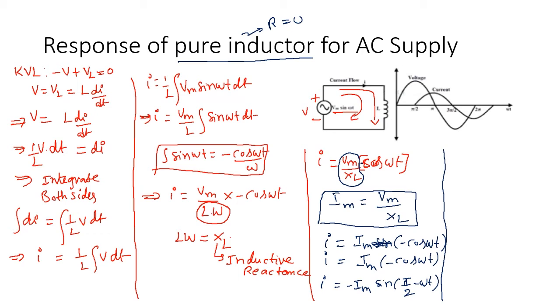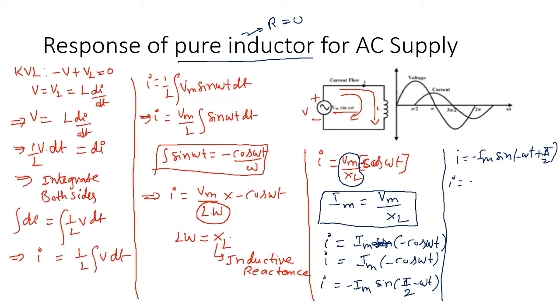You know that cos of phi by 2 minus omega t is equal to sine omega t. You have studied this in mathematics. So I is equal to minus Im sine of minus omega t plus phi by 2.